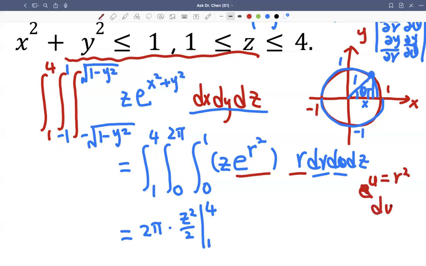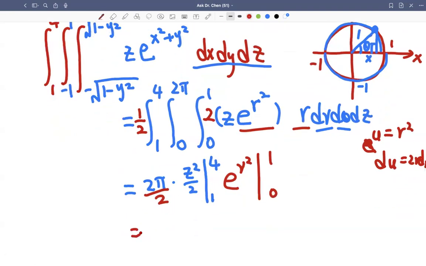Then du will be 2r dr. So we want to multiply by 2, then offset by a half. Then integrating in the r direction, you have e to the u, but in our case, it's e to the r squared. Then we evaluate the r direction from 0 to 1.